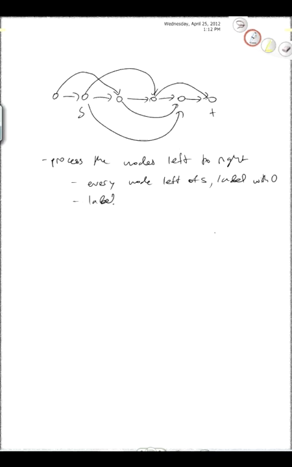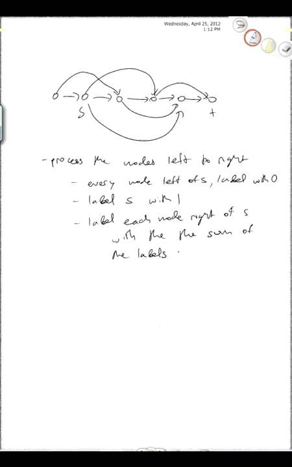We're going to label S with 1. And we're going to label each node right of S with the sum of the labels on its predecessors. So let's see how this works, and then as we're doing this, we'll figure out what it actually means.